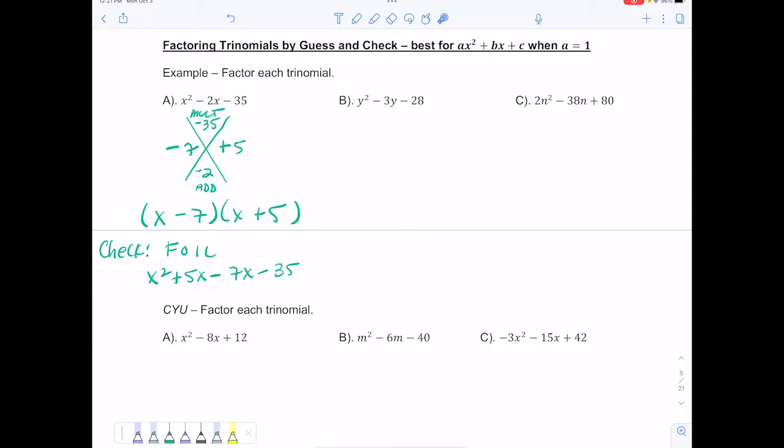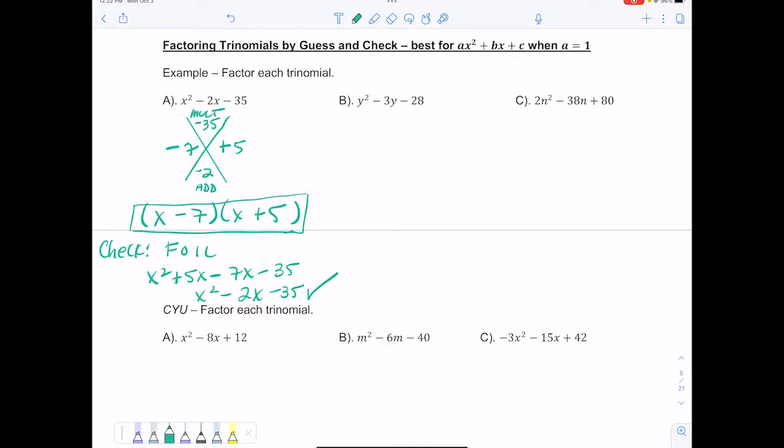They're like terms. 5x minus 7x is negative 2x. So you end up with the answer you started with, which is x squared minus 2x minus 35. So that's how you know that this is the answer. So this is factored completely. All you need to do is FOIL or distribute to check your answers.